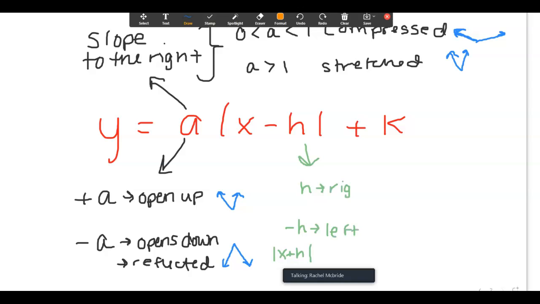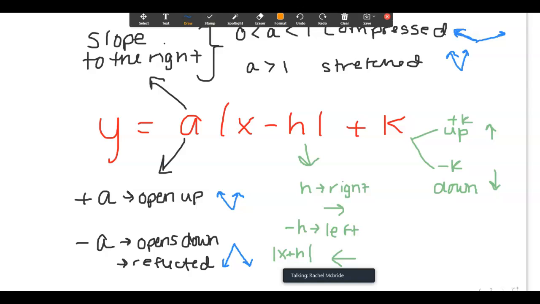A positive H will move us to the right, but inside the absolute value, it's going to be the opposite sign of what is in front of H. Again, kind of tricky. The K value is less tricky. A positive K is up, and a negative K is down. So those two make sense exactly as you think they should. So a positive H goes right, a negative H goes left.